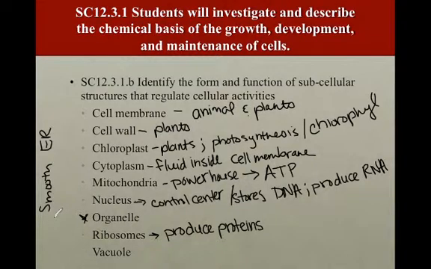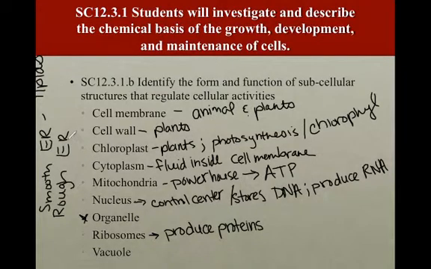So smooth ER. What does smooth ER produce? Produces lipids. Smooth ER produces lipids. And then rough ER.